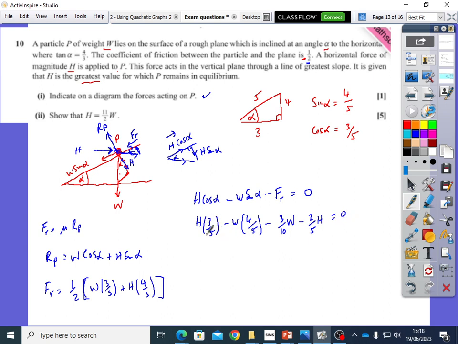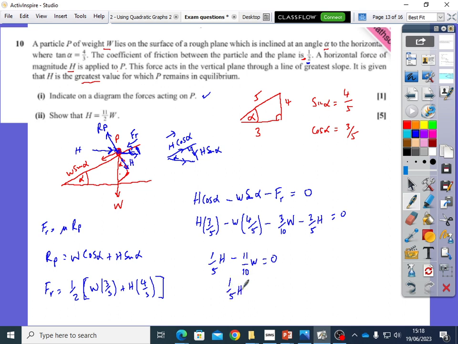So let's just collect these. You've got 3/5, take away 2/5 is 1/5 H, minus you've got 4/5, which is 8/10, minus 3/10 is going to be minus 11/10 of W equals 0.